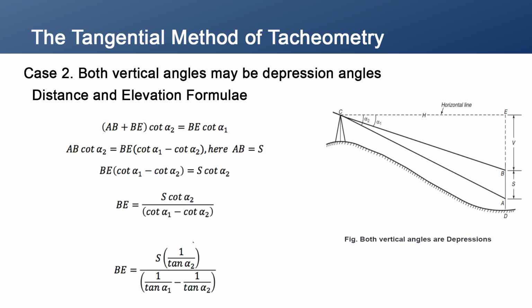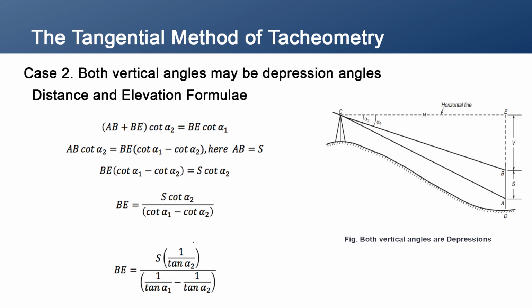So, this leads to (AB plus BE) cot alpha 2 is equal to BE cot alpha 1, because AE is equal to AB plus BE. Now, taking the cot alpha 2 inside, we get AB cot alpha 2 plus BE cot alpha 2 is equal to BE cot alpha 1.